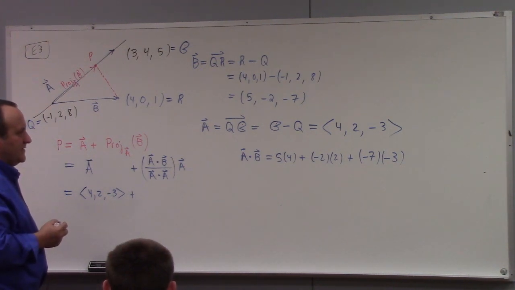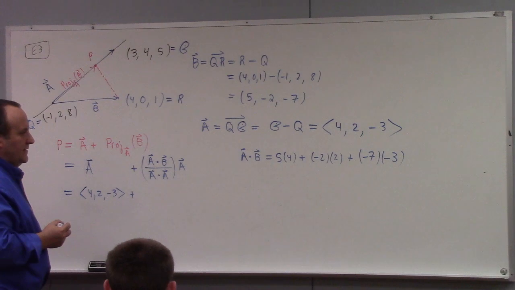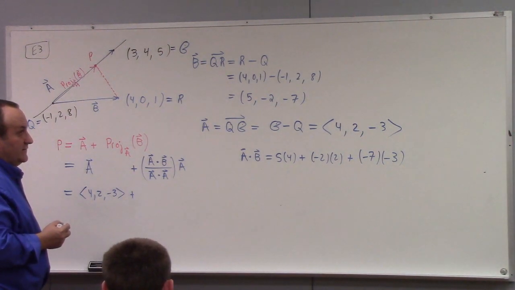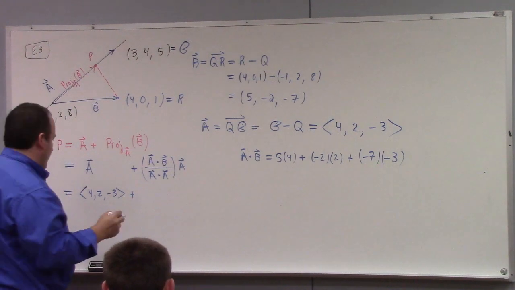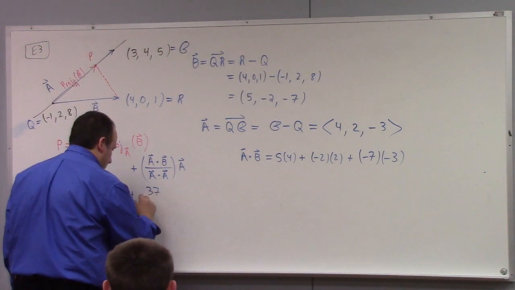I got 45, but I think that's because I added 4 rather than subtracting it. 45 minus 8 is 37. 37? Yep. 37.